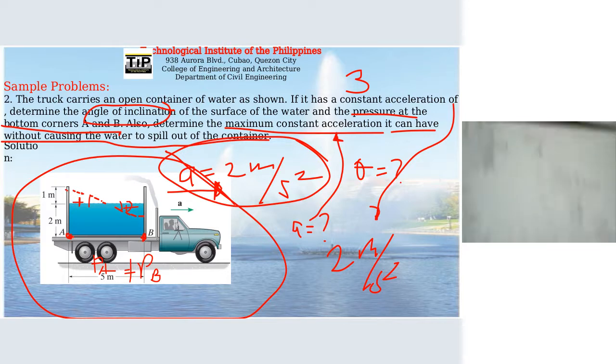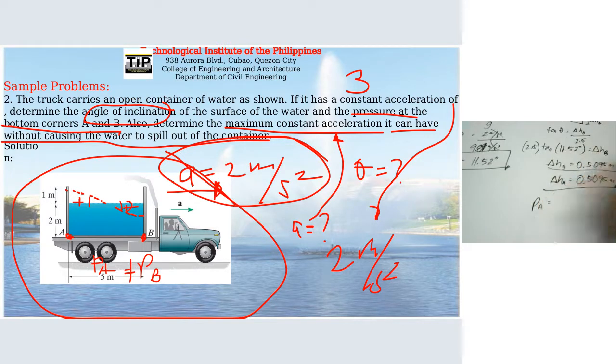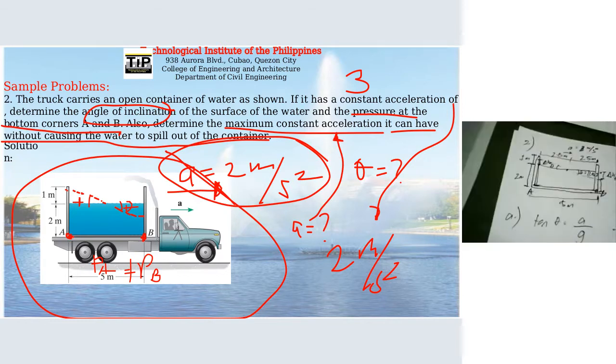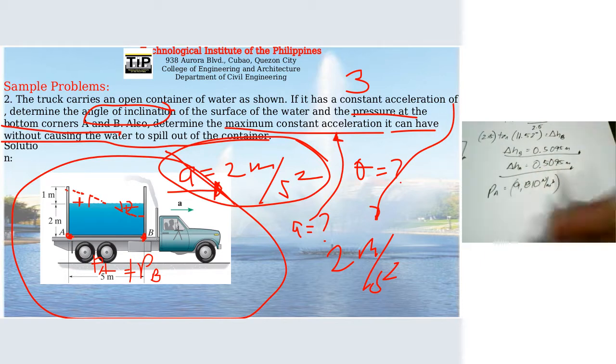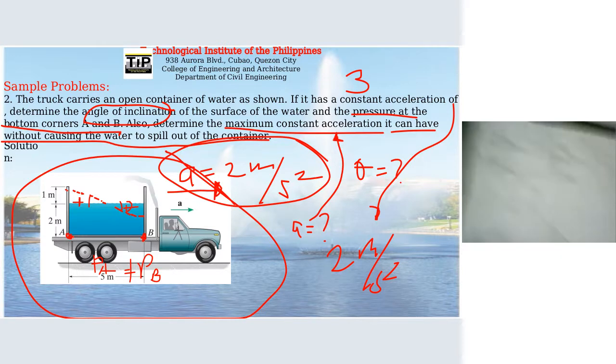Okay. We can now get the pressure. So pressure at point A is equal to 9,810 Newton per cubic meter times the height.